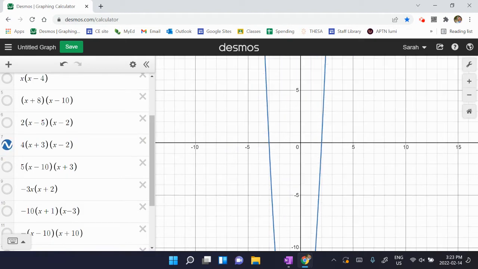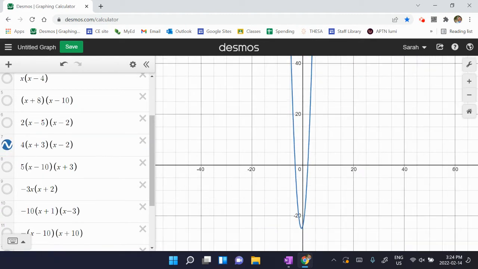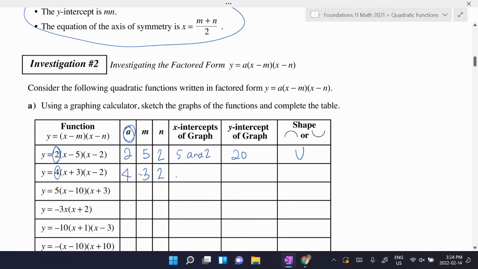Sorry, my y-intercept, my bad. My x-intercepts are negative 3 and 2. And we are opening up. Okay, so minus 3 and 2, minus 24, and opening up.